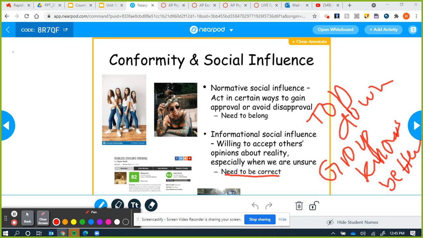And a lot of times it's based on what somebody that I don't even know is saying, like going on Metacritic and reading reviews. All right, well, this movie is reviewed really well, everybody seems to agree on that, so I guess it must be correct. That is informational social influence.